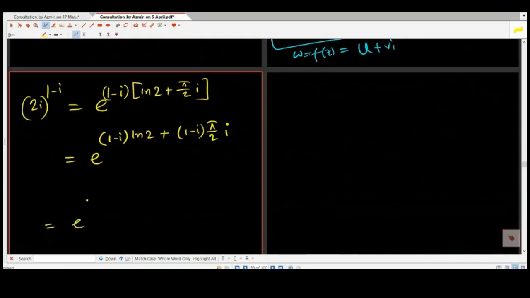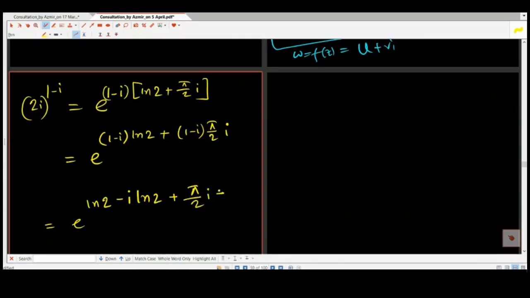Now we can multiply: it is log 2 minus i log 2 plus pi over 2 i minus i squared pi over 2.